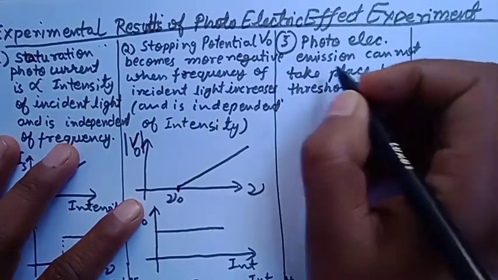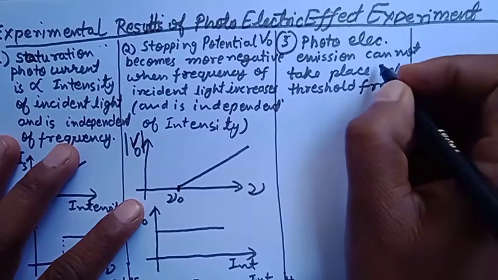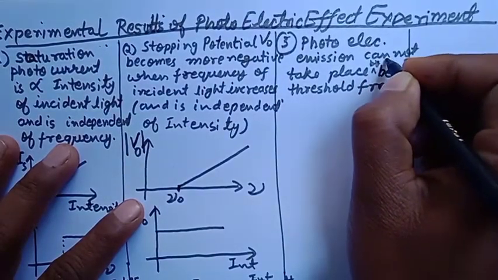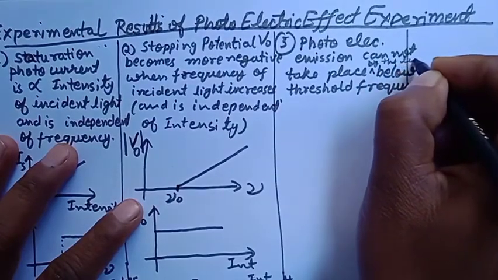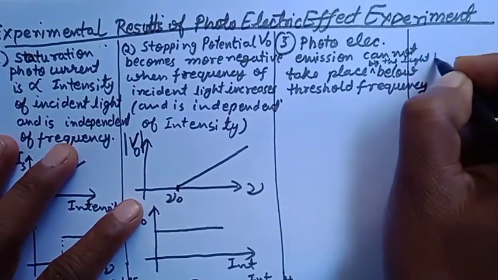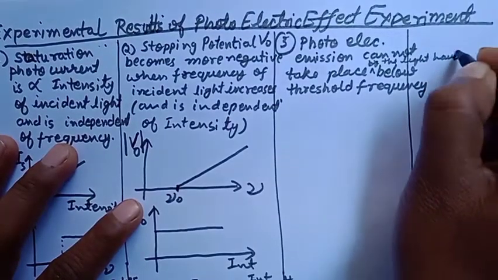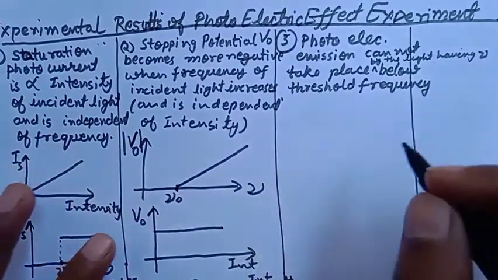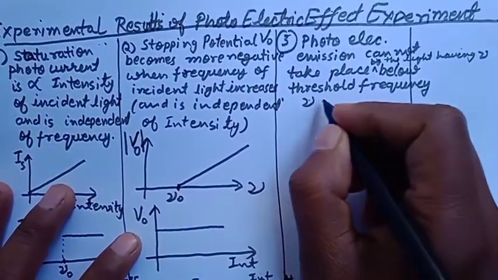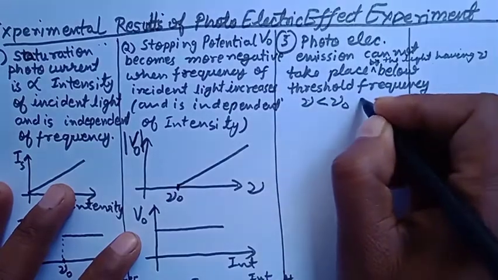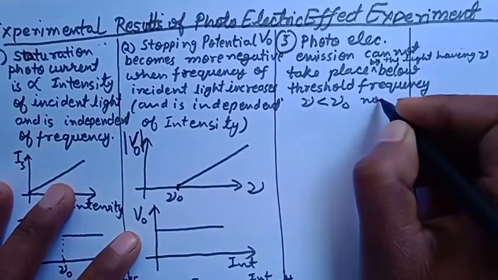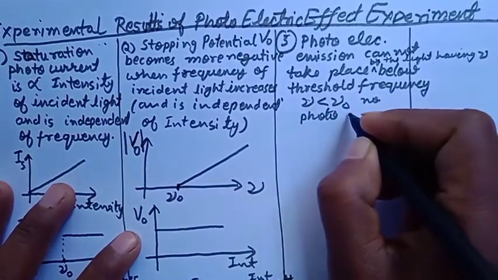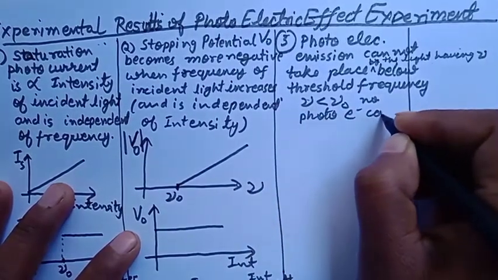It cannot take place by radiation, by the light having frequency, sometimes we miss these things, having frequency below threshold frequency, that is, if nu is less than nu naught, no photoelectron can emit.